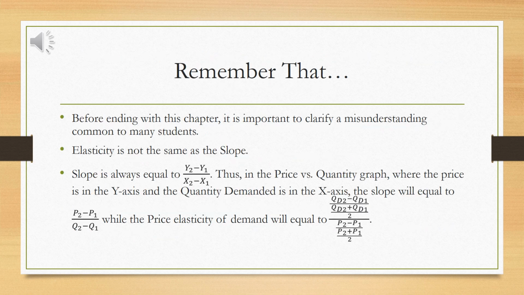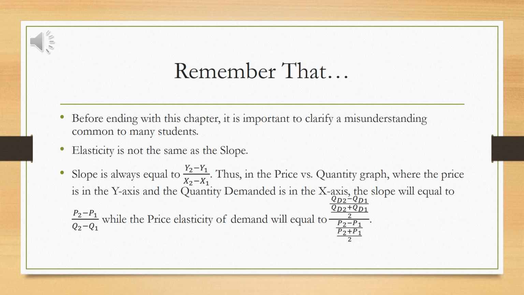Before ending with this chapter, it is important to clarify a misunderstanding common to many students. Elasticity is not the same as the slope. Slope is always equal to y2 minus y1 over x2 minus x1.